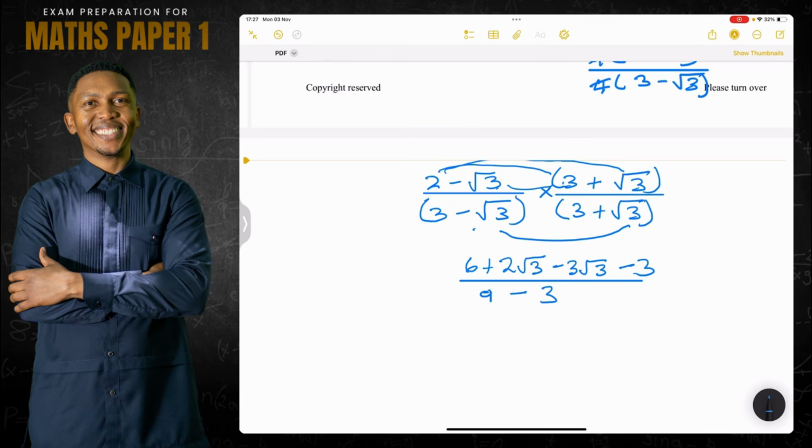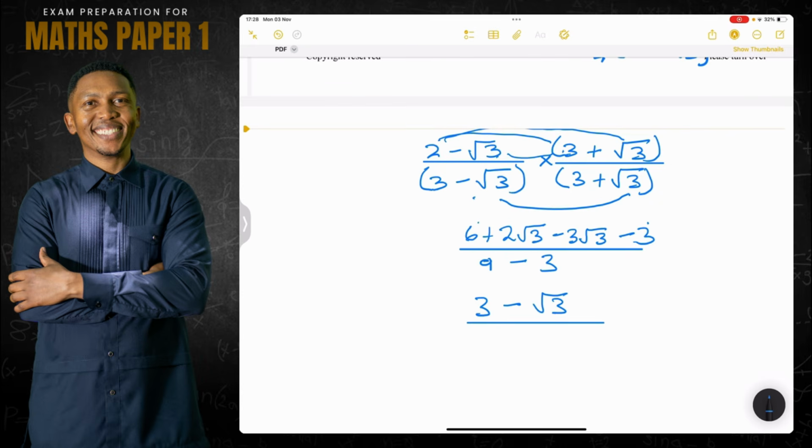Okay, and we can try and go to town in this case in terms of just trying to solve this. So that's 6 minus 3, which will give us 3, right? So we've got 3 minus square root of 3. This is divided by, we've got 9 minus 3, which is 6. So that is our final answer.